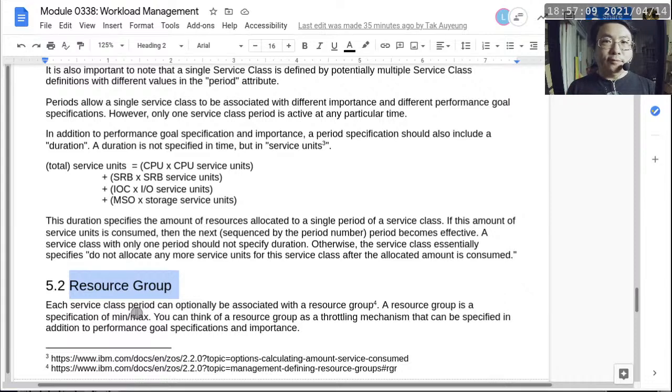So you can define, okay, this type of surface should get a minimum of 0.1 of all the CPU resources, but at the same time, don't give it any more than 50%. So you can specify a range of how much resources you can throw at a particular surface class period. That's what a resource group is doing. It gives you the additional ability to specify a minimum, the lower bound, and also the upper bound of how much resource you can throw at a particular surface.